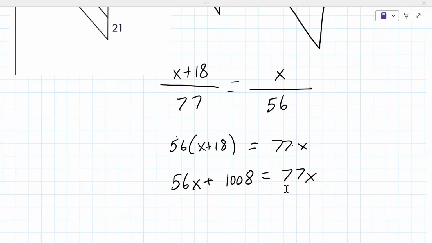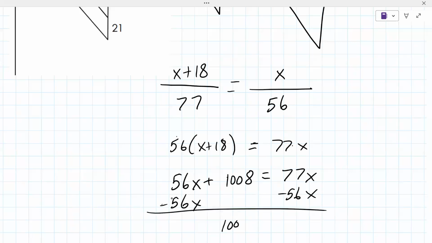You want to move that 56x to the right. So subtract 56. Wait, no, 77. You're going to subtract 56x from both sides.